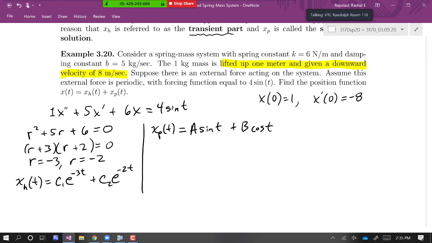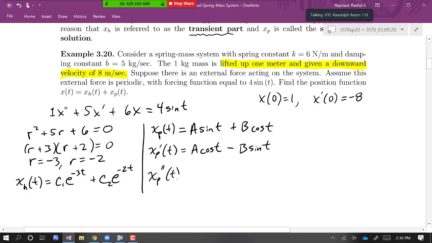We have this basic form, and then we find the first derivative and the second derivative, and then substitute into the equation we started with. So xp prime is a cosine t minus b sine t, and the second derivative is negative a sine t minus b cosine t.